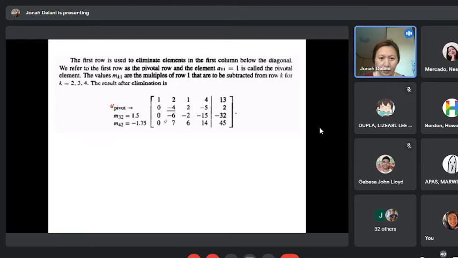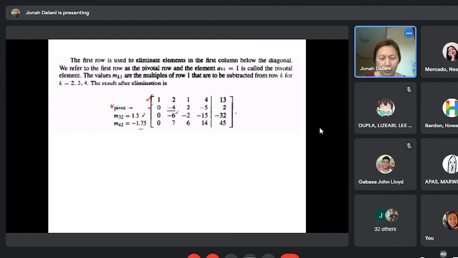So how did we get 1.5? 7 divided by negative 4 is negative 1.75. Negative 6 divided by negative 4 is 1.5. So this one is fixed.